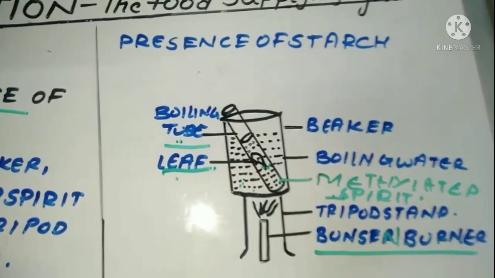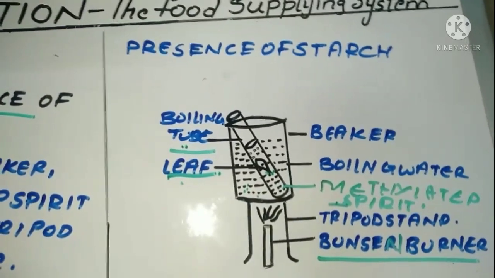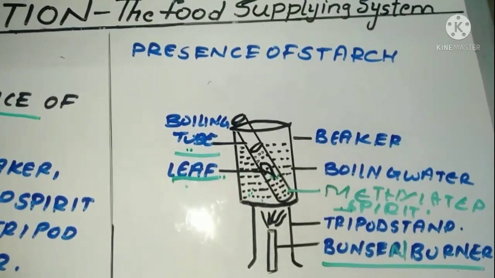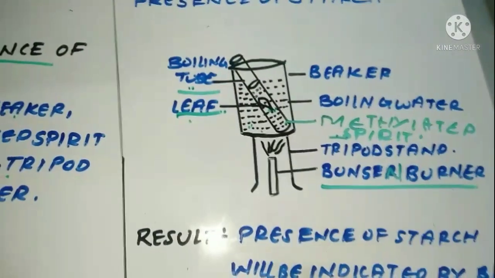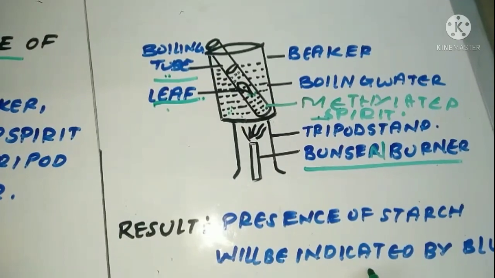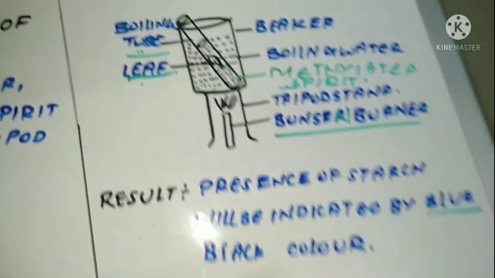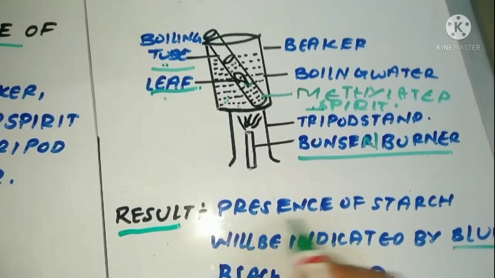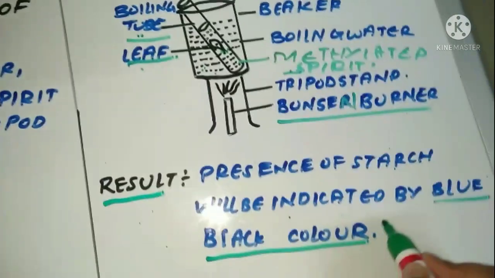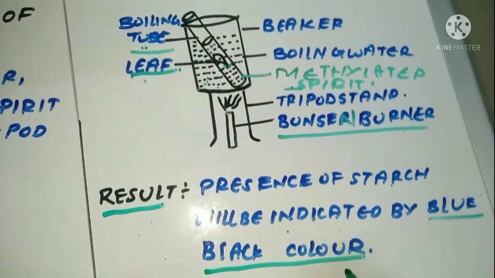After some time we will observe that the leaf turns blue-black in color. So the presence of starch is indicated by blue-black color. Result: presence of starch will be indicated by blue-black color.